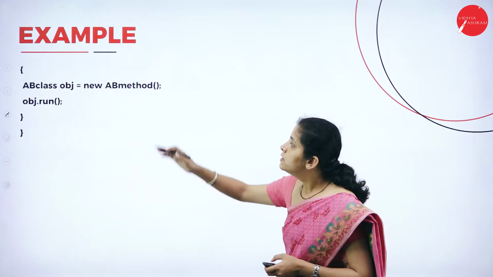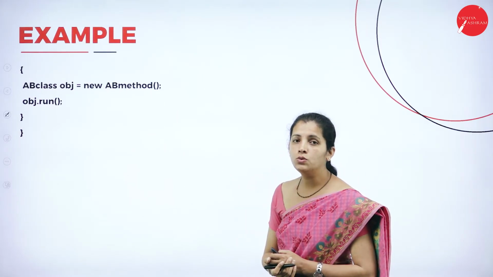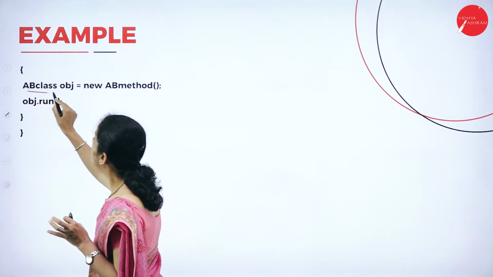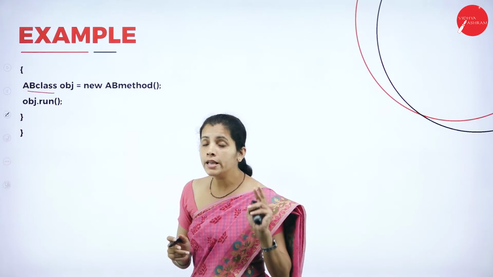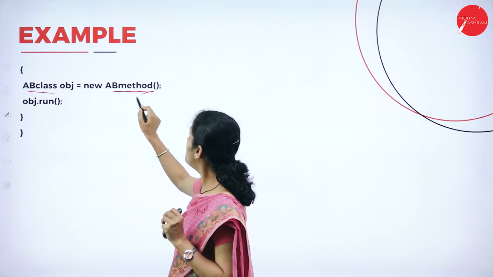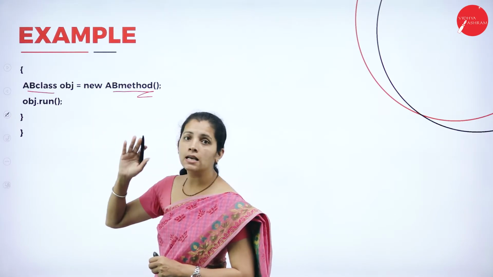Now I'm going to create the object. Dear student, please remember here, first I want to write the abstract class and I'm going to create the object for the abstract class with the help of the subclass. So what is my superclass name?